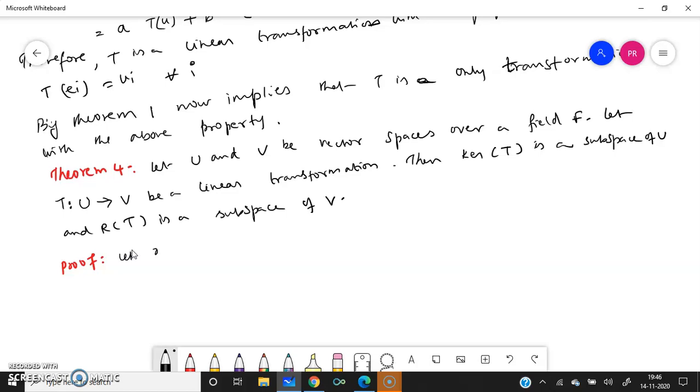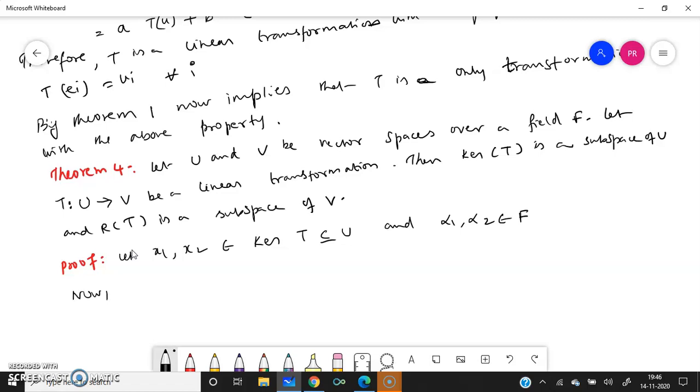So let x1, x2 belong to kernel of T. Kernel of T is a subset of U, and alpha 1, alpha 2 belong to F. We are not going to prove vector addition and scalar multiplication separately. Both can be combined together.